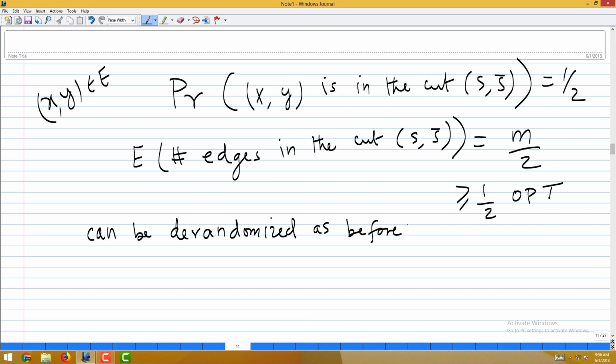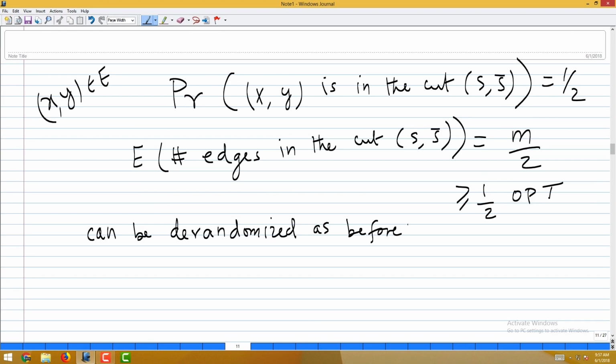The way to think about it is, what is this saying? There are 2 power n ways of partitioning my vertex set, right, because once I choose S, S bar is fixed. Out of all these partitions, for each one I count the number of edges crossing the cut and take the average, and that is m by 2. So, there must be one partition which gives you at least m by 2, and the way to find it is to put one vertex x in S, do a random partitioning on the remaining, and compute the expectation.